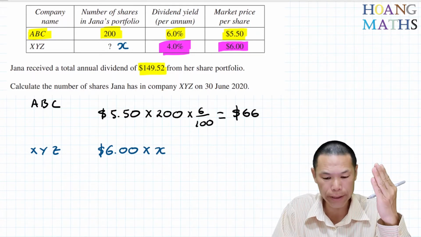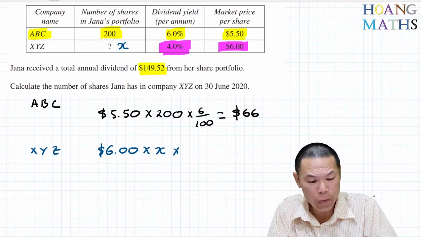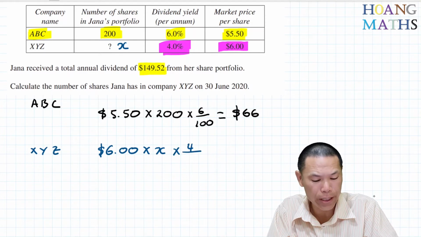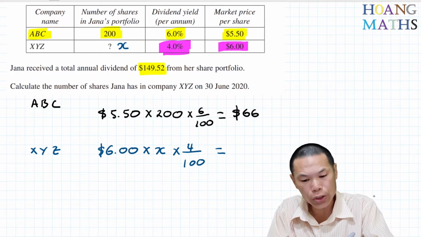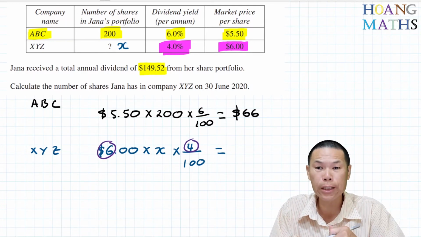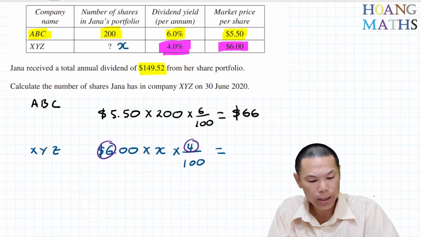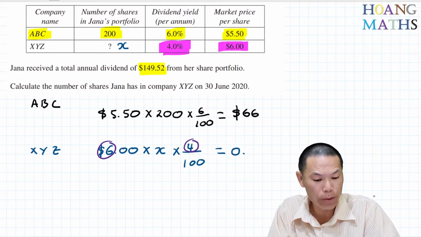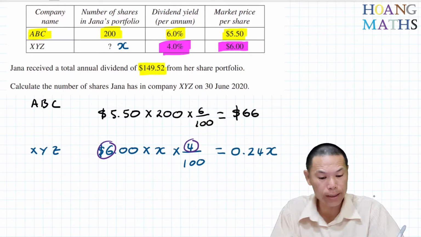To work out the dividend, we times by 4%, which is the dividend yield. I go 6 times 4, or 4 times 6 is 24. You divide by 100, so it should give me 0.24. And then times X is X.